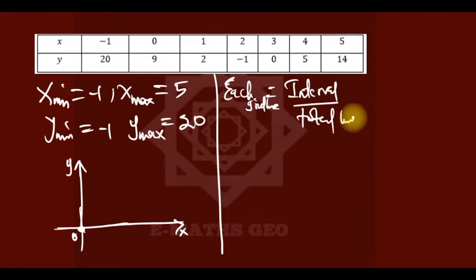But before we do this, let's just go to the graph and locate our origin and axis. Then we now calculate. For now we don't know the interval we are moving. Okay, that's our graph. Let's locate the axis and the origin.